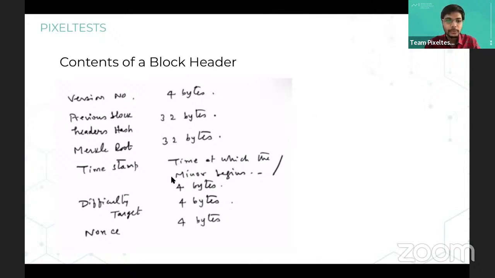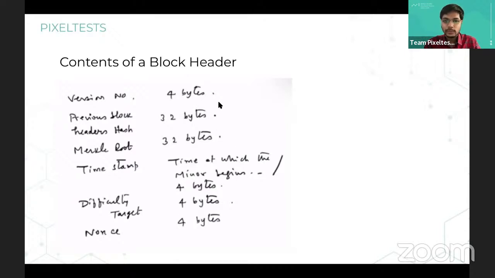Okay, so now the difficulty target. We are going to understand more about the difficulty target in our upcoming session. A little about it will be covered in today's session, but we will understand more of it as we proceed forward. Today, we'll also understand what a nonce is. There is one more element of the block header, which is called the nonce.